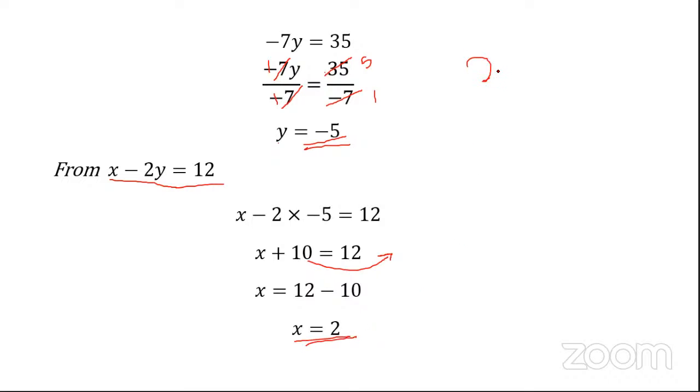So meaning our x is 2, and then y is negative 5. So likewise, when you substitute them in these two equations, this one or the one on the previous slide, they should be able to give us 12. Yeah, for example, if we substituted it in this equation.